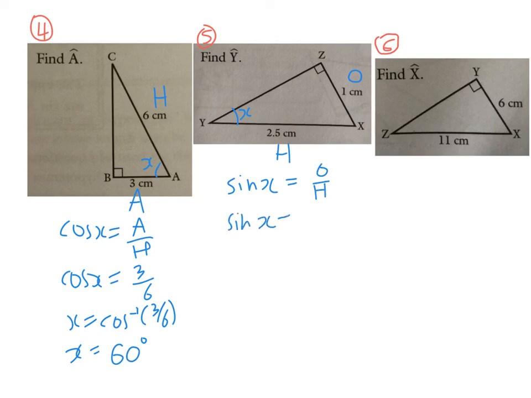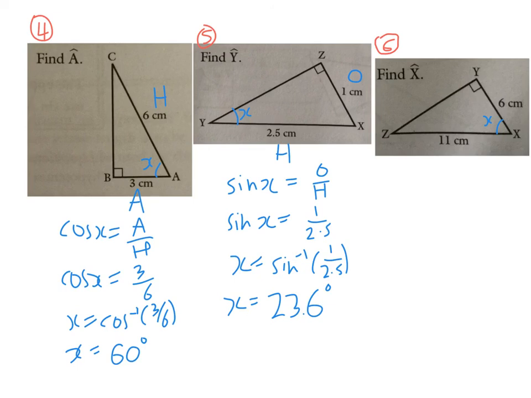So sine x is 1 divided by 2.5. And then to get x, we have to get the sine inverse of 1 divided by 2.5. And that gives 23.6 degrees.